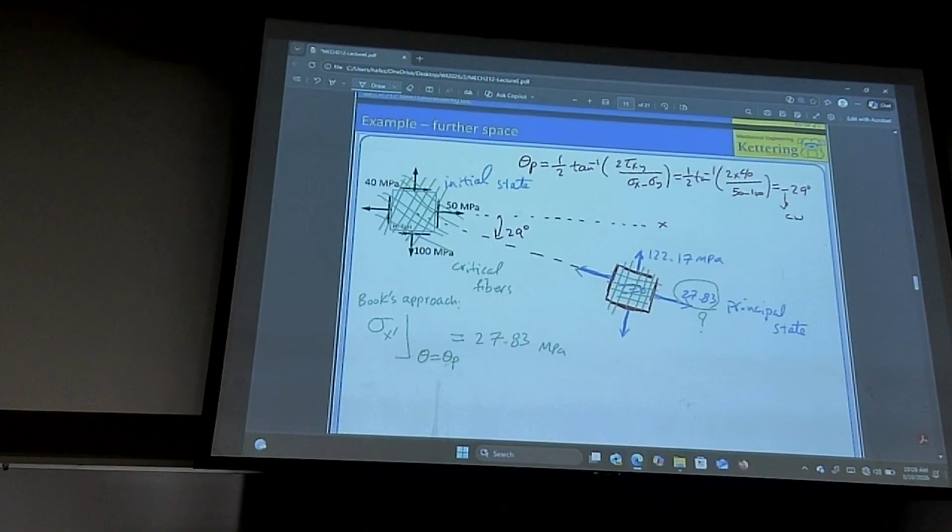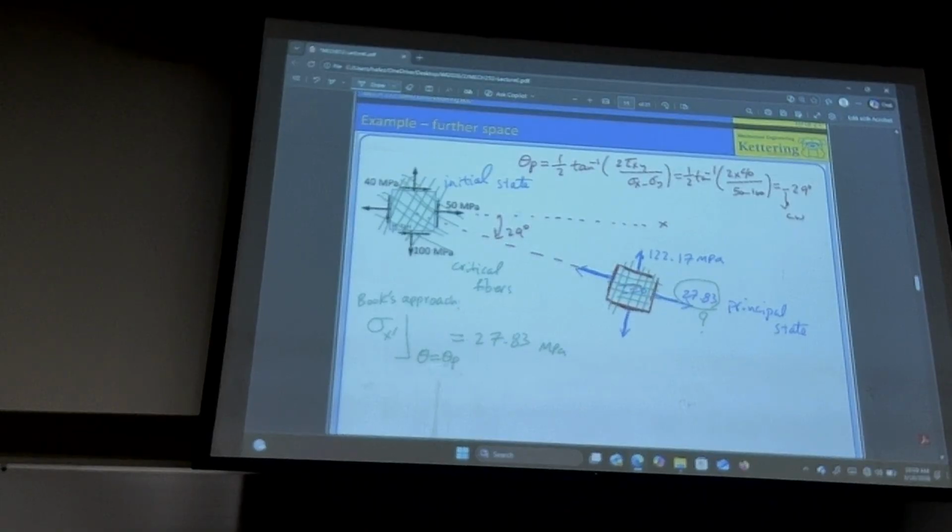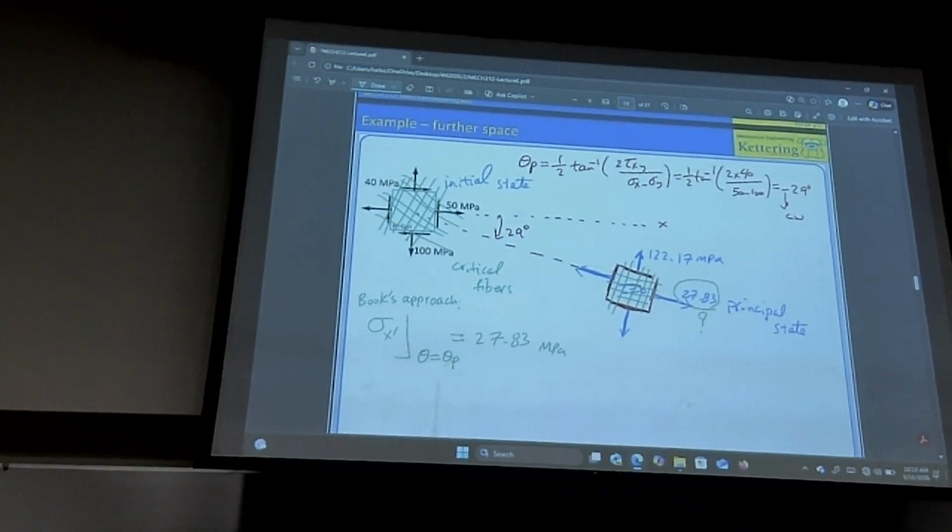90 degrees. Yeah, because it's negative, the angle is negative.